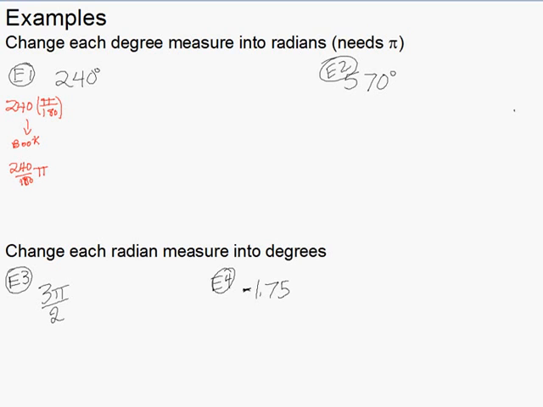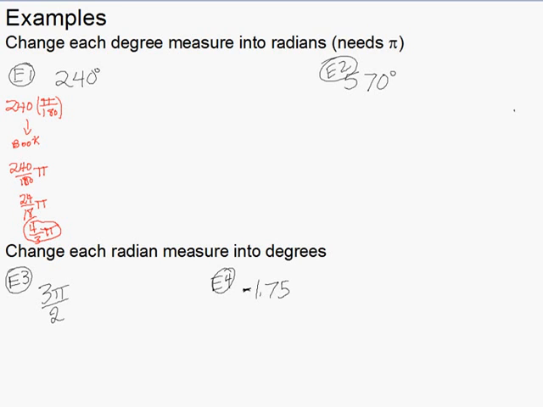And then it'll simplify this fraction down. So it'll be 24 over 18 pi. And then 6 goes into 24 4 times, and 6 divides into 18 3 times. So this would be 4 pi over 3. Okay. This would be the book answer.